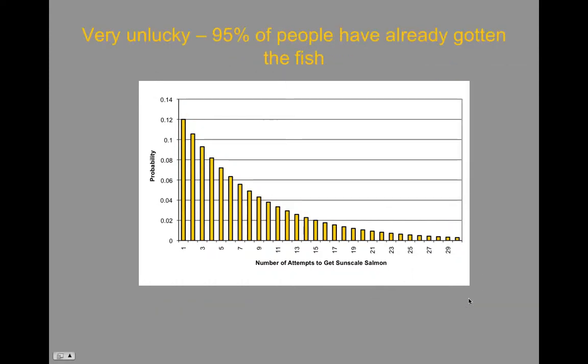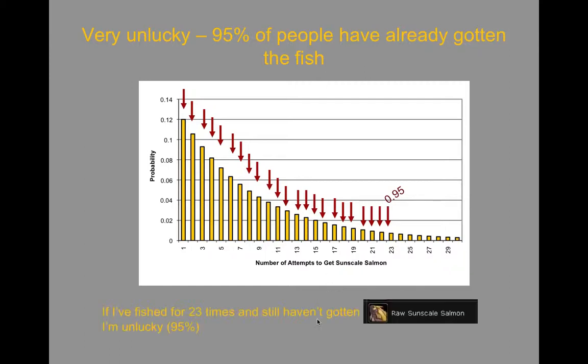Okay, so how unlucky do I have to be? In statistics we use 95% and 5% as thresholds. So how many tries does it take where I still haven't gotten the fish, and I feel like I'm really unlucky? If I keep adding the probabilities all the way until I get 95%, it actually stops at 23.